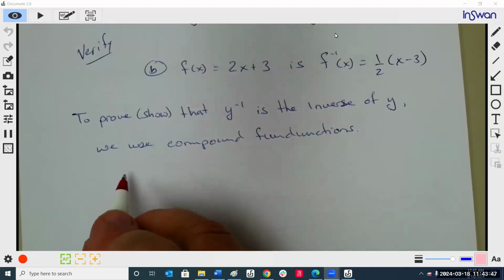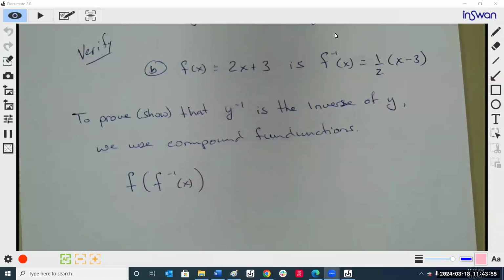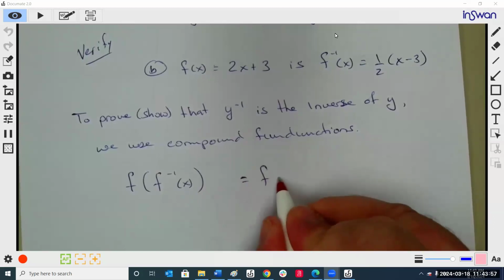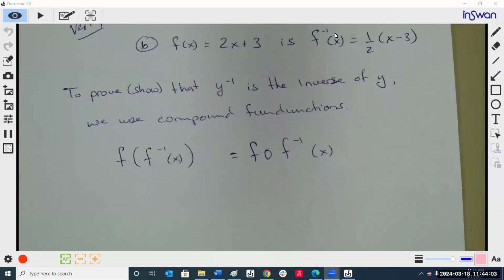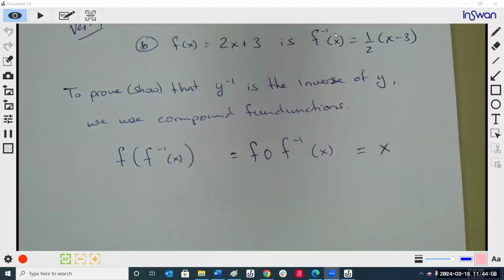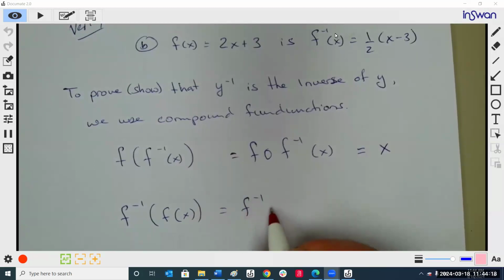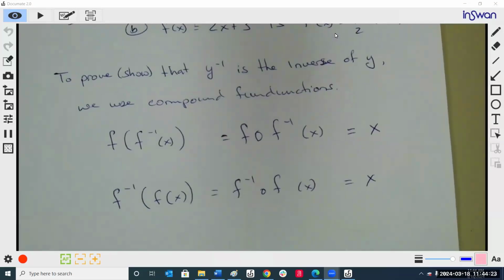In other words, if we take f of f inverse of x, it should come out as just x itself, the variable x. Or if we take the compound function f inverse of f, it should still be x.